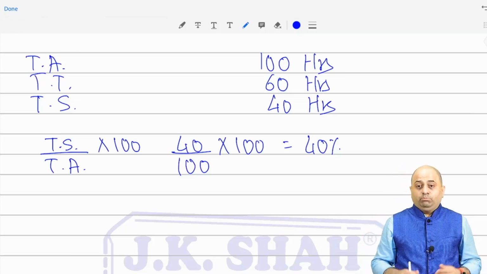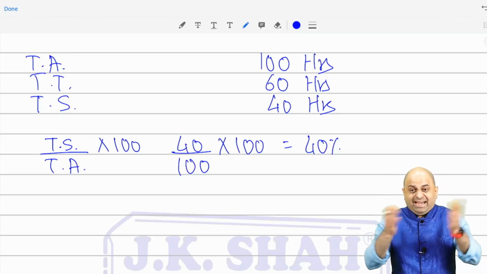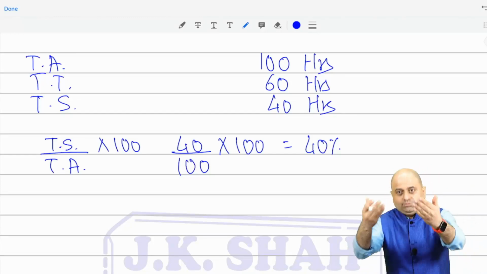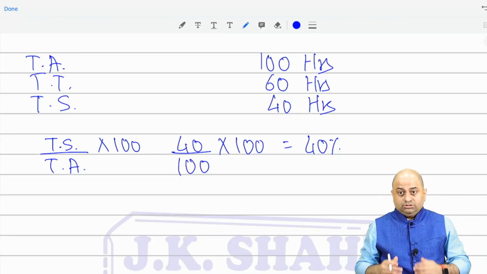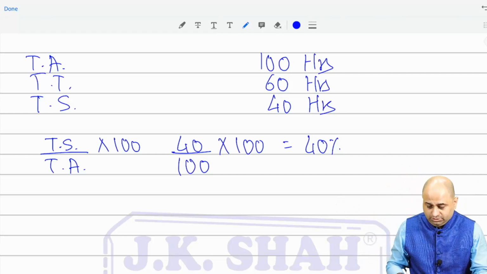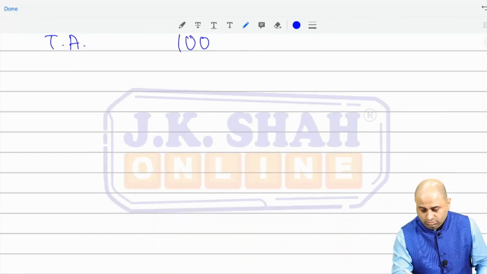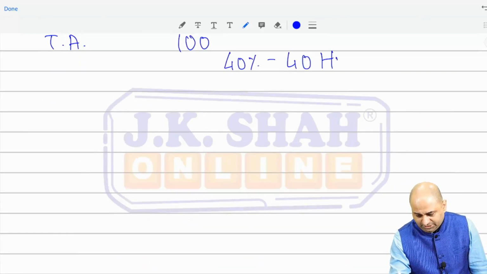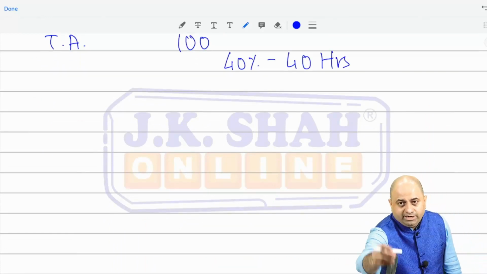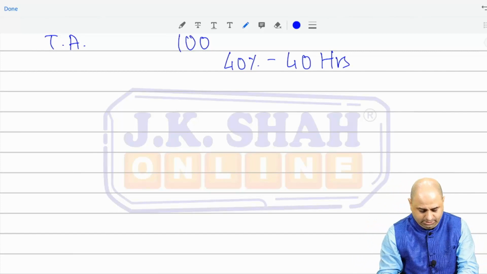Now we need to calculate bonus. For that, I will divide 40%, 40 hours, in different categories.